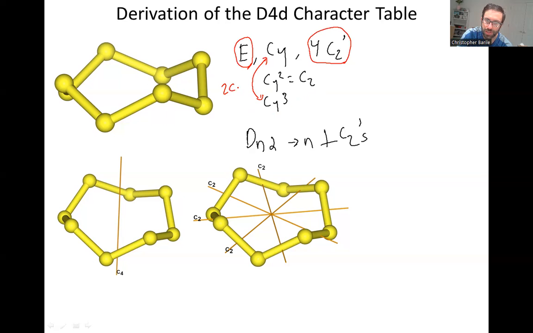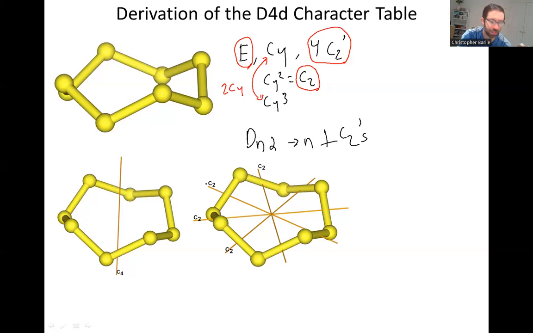We're going to call it 2C4. This C2 is a little bit different because it's doing a 180 degree rotation, right? C4-3 is doing a 270 degree rotation, but if you define things the opposite way, that's just a 90 degree rotation in the opposite direction. So C4 and C4-3 are similar in what they do, so that's why they go in the same class. So we can start grouping things into classes here.